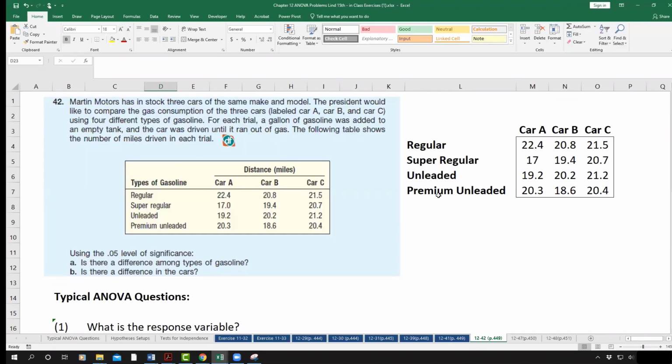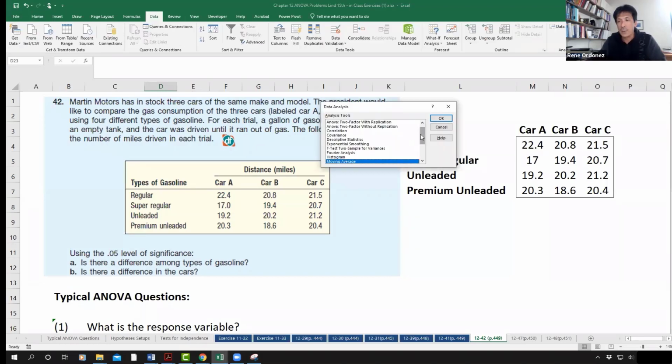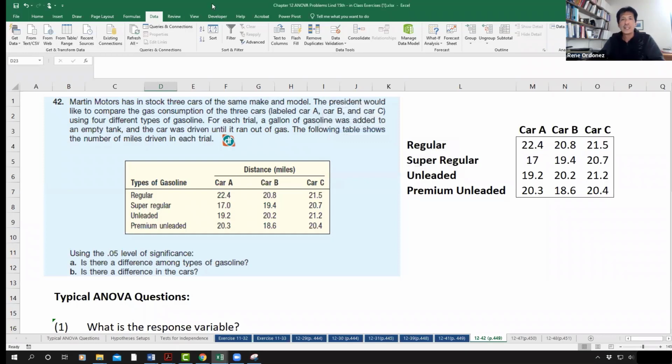And for this problem, we're going to solve this using the data analysis module of Excel instead of using the template. Okay, so one of the options in the data analysis is this analysis 2 factor without replication. So you can also solve this problem using the data analysis module of Excel.